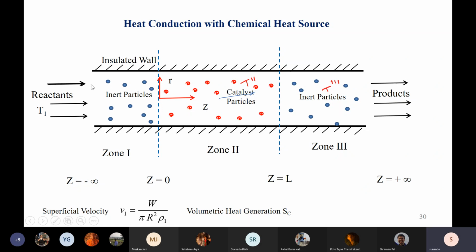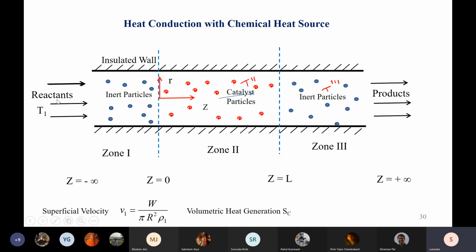So if they are inert particles, no reaction is obviously taking place in here as well as in here. So the reactants come at a temperature of T1 as they enter over here. This portion is perfectly insulated, as well as everywhere it's perfect insulation.